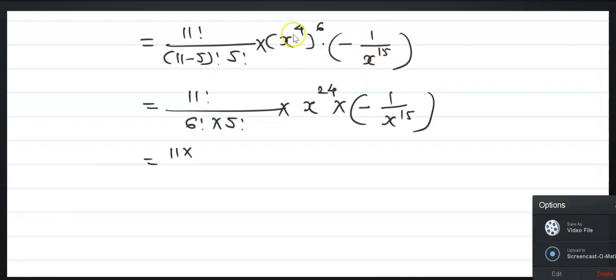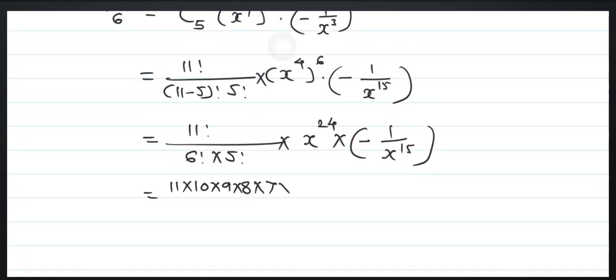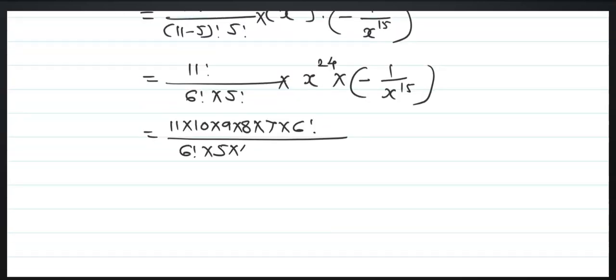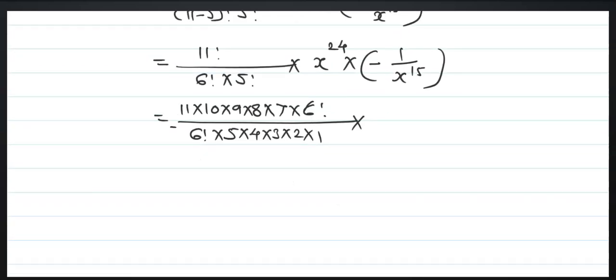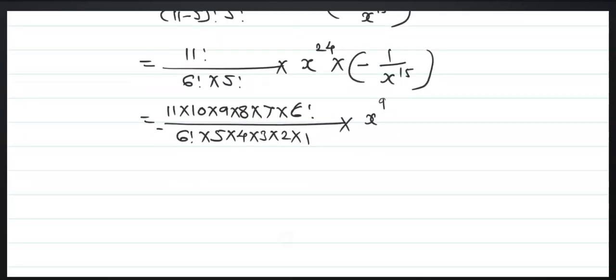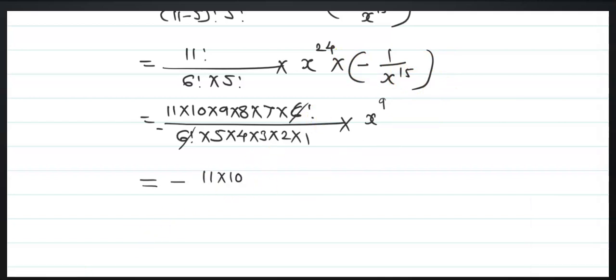If we evaluate this, 4 into 6 is 24, x raised to 24, minus 1 upon x raised to 15. And if we perform this, 11 into 10 into 9 into 8 into 7 into 6 factorial, upon 6 factorial into 5 factorial, x raised to 24 minus 15, that is x raised to 9 overall, and it has a minus sign. If you cancel this, then you will get the terms.